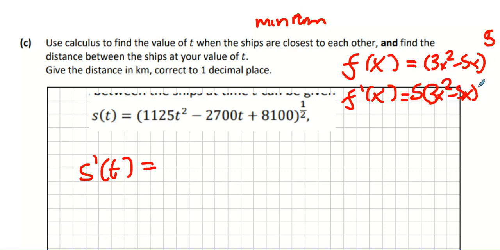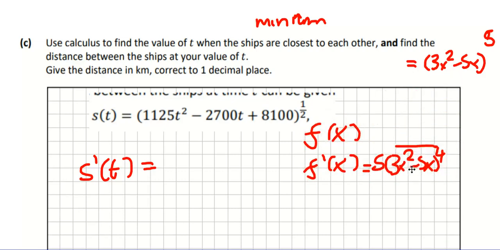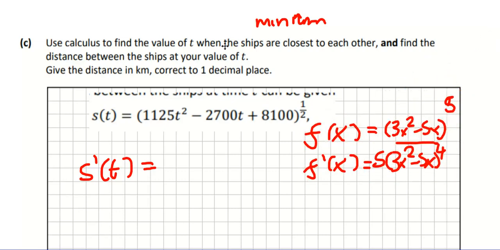Take 1 away from the power, and then differentiate what's inside. And when you differentiate what's inside, you're going to get 6x minus 5, because you're bringing the 2 to the front and then differentiating the 5.